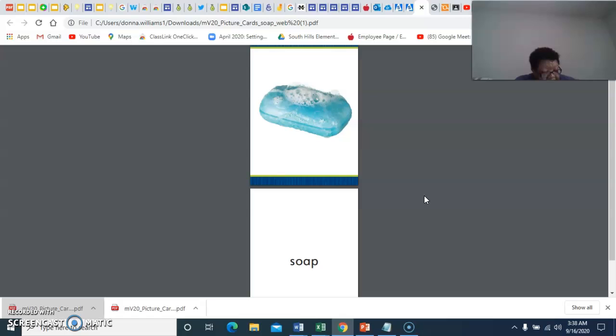Next, we have the consonant S. You're going to find things that start with S. If you're looking at pictures and you see fork and sandwich, which one starts with S? Listen for the S sound.